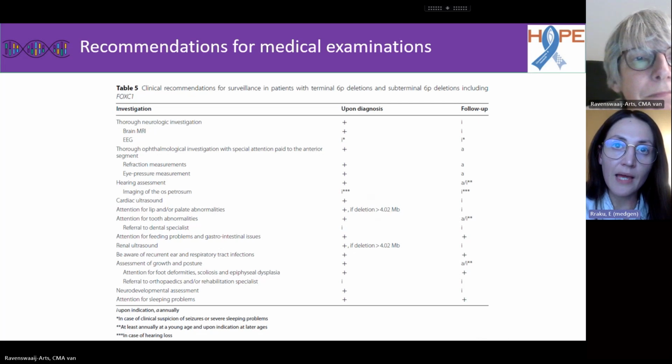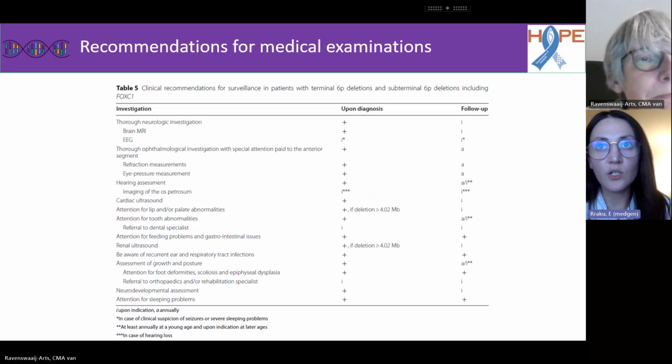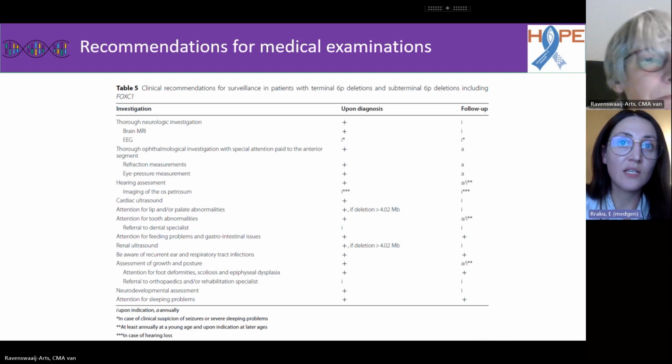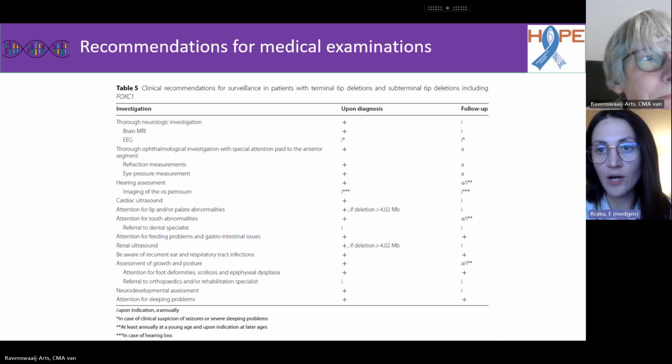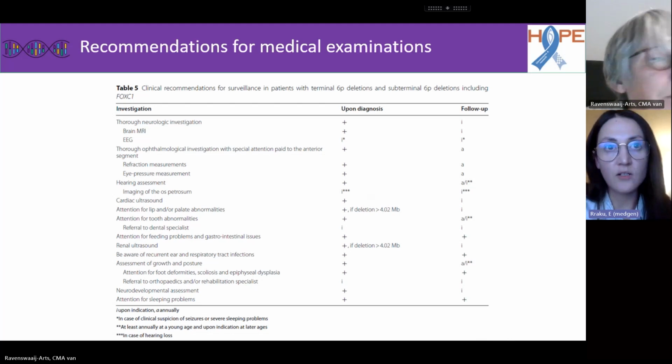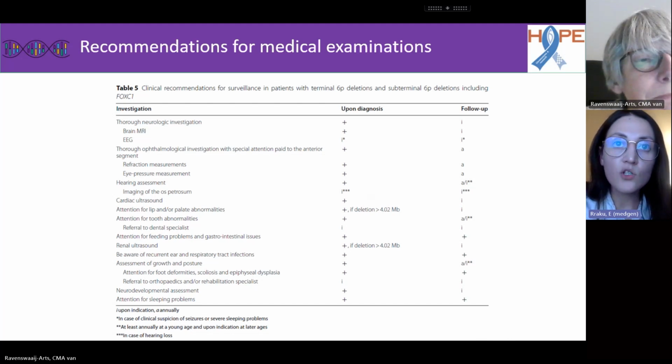So we recommend that any child diagnosed with a terminal or subterminal 6p deletion should have a thorough neurologic investigation, including a brain MRI, to check for brain defects. An EEG should be considered if seizures are suspected. And all children should also have a thorough eye exam done by their ophthalmologist or an eye doctor, including measurement of eye pressure.